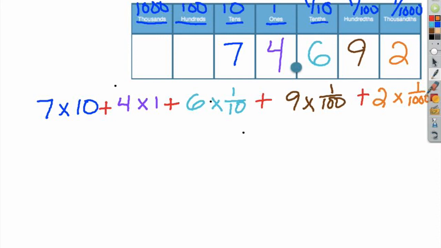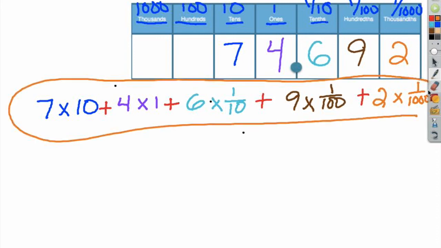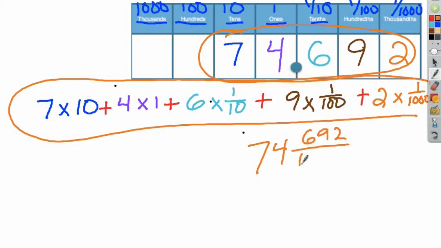And this, my friends, right here, is the same as this, is the same as this, and is the same as word form 74 and 692 thousandths.